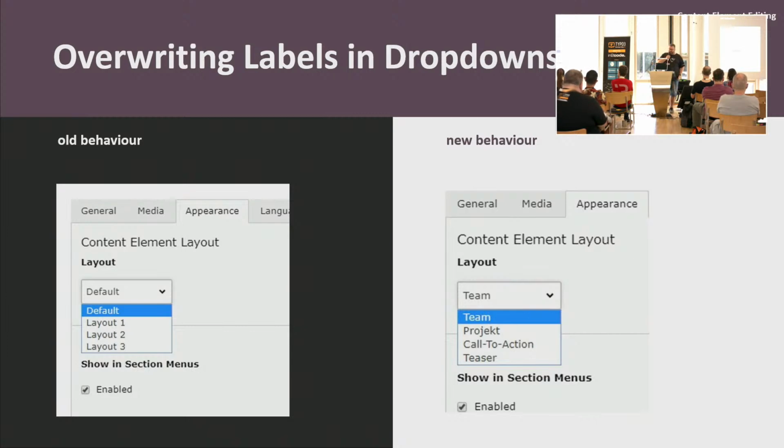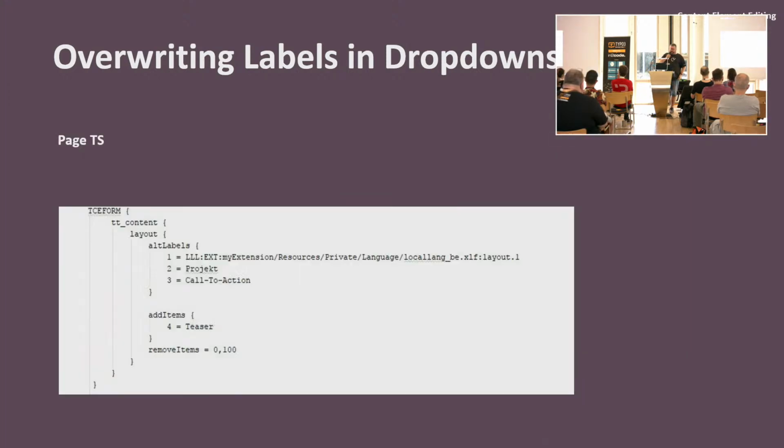Next we want to override the default values in the dropdown with some a little bit more specific labels. It's very fast too. You go to the page TS again, and you can do with the altLabels override what you want, and with addItems you set a new select option.